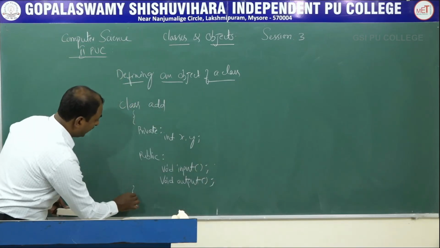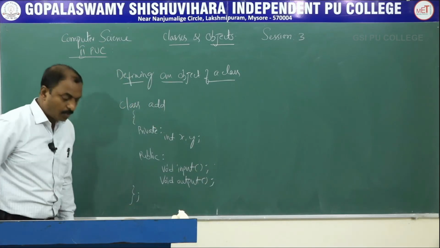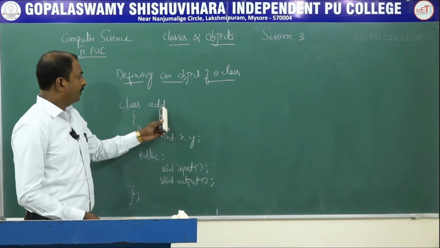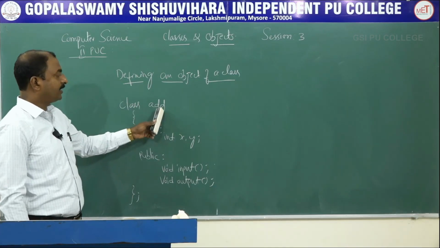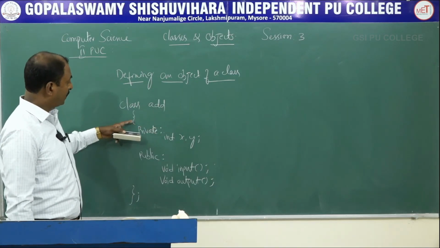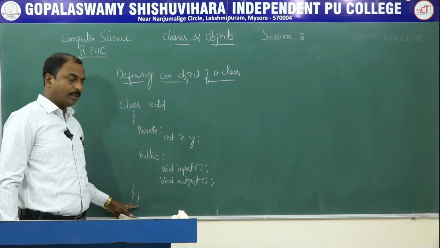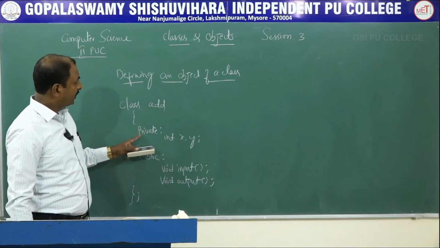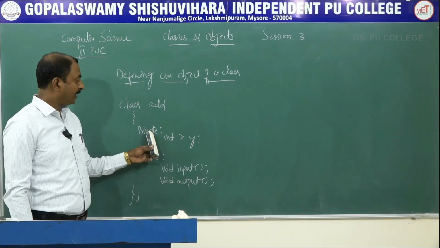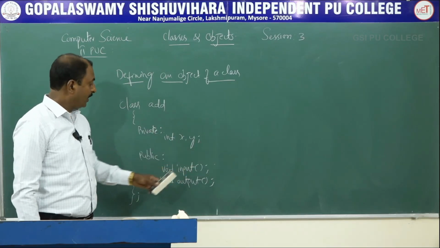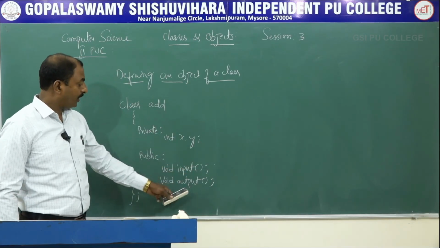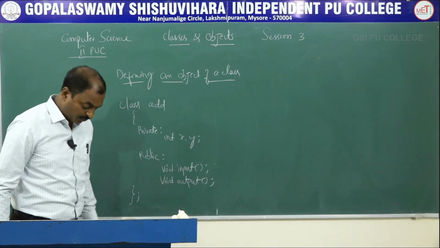I am closing this class with a semicolon. Okay, students, now you know what is a class. The class name is add, the class is opened here and closed with a semicolon. It has data members, int x and y under the private access specifier, and under public we have two functions, input and output.